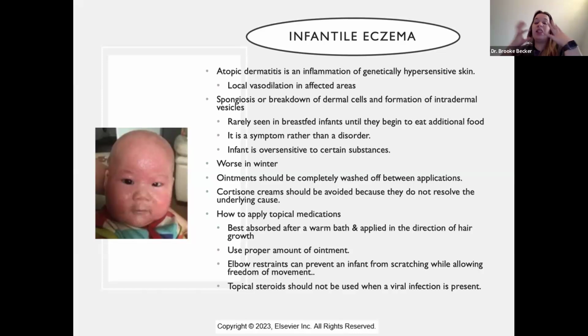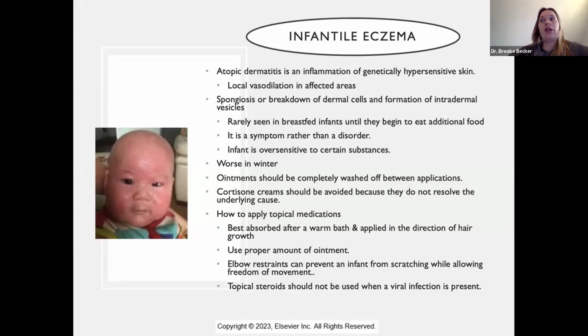If infants are really scratching at those areas and causing open sores from the eczema, then sometimes they'll use elbow restraints or little mittens so that they're not scratching at those areas. Topical steroids should not be used if there's a viral infection present, because once again, you get concerned about the immune function if they're on topical steroids, just like with oral steroids.